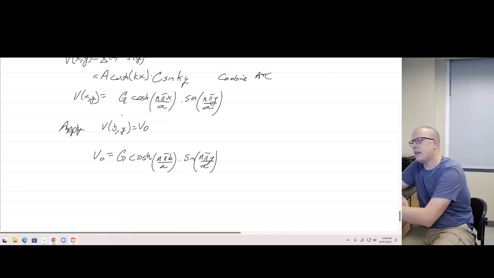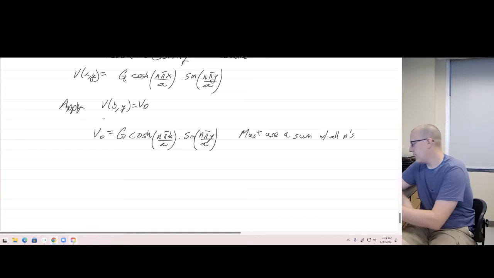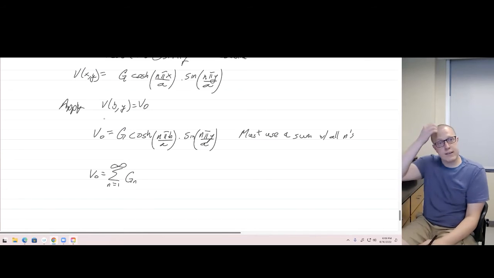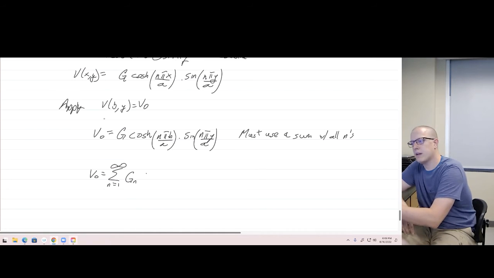And so instead, we must use a sum with all those n's that we had for k. So instead, we're going to end up with V naught equals a big sum. And each one of my G's could be different for n equals 1 or n equals 2 or n equals 3.